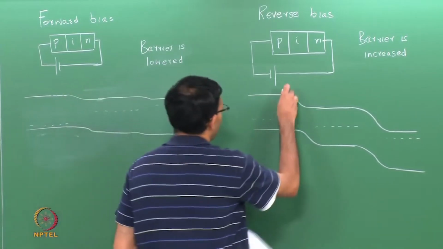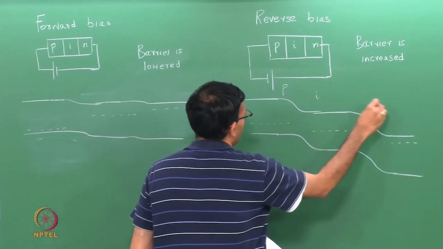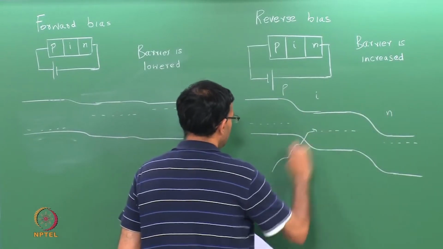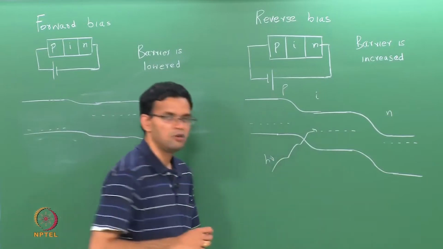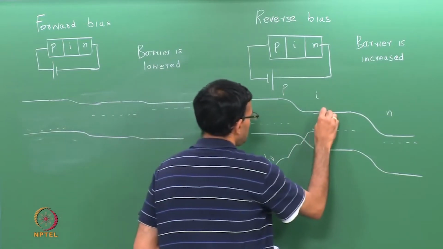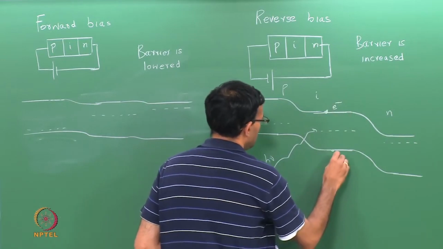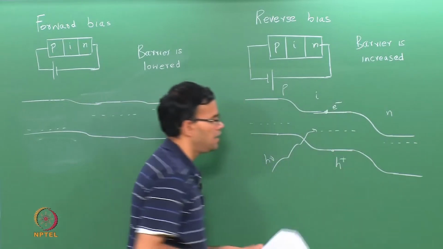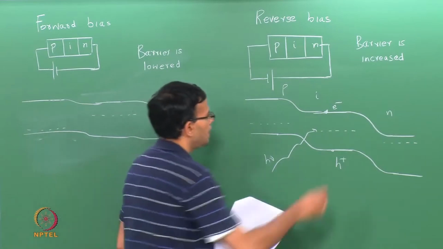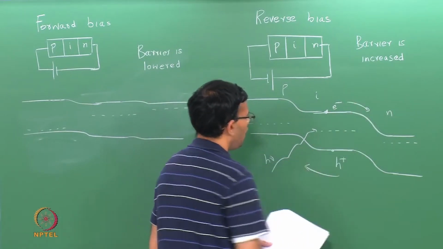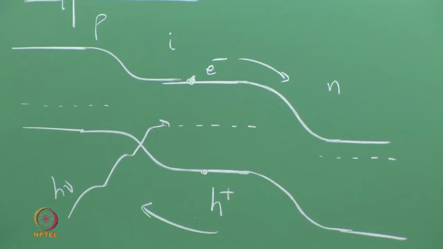So if I have a P, I and N, and I have light shining onto the material, an electron is generated here, a hole is generated here. These electrons move to the N side and the holes move to the P side because of reverse bias, and this gets detected as a current.